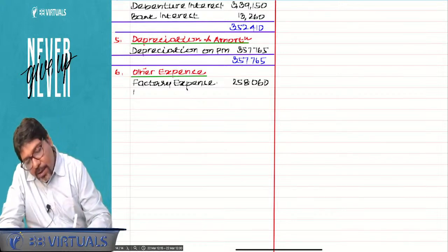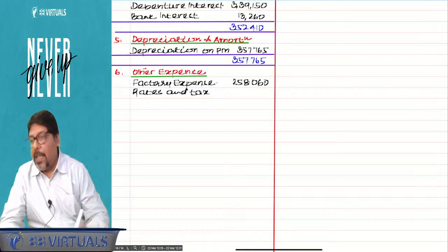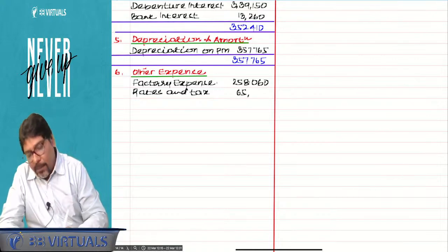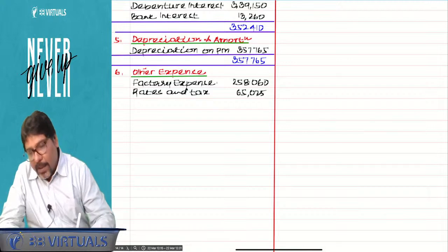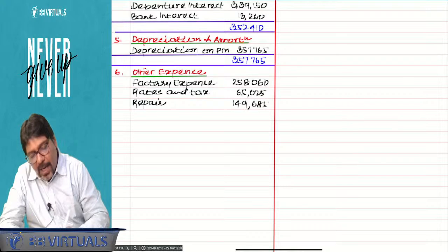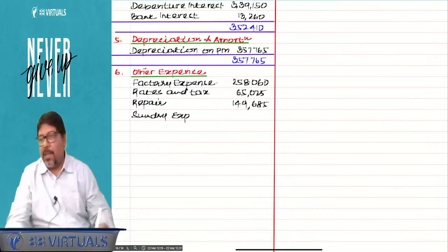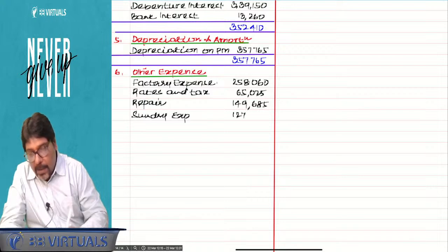I am really enjoying. Rates and taxes 65,025. Then repair 149,685. Then sundry expenses. How much? 127,500.